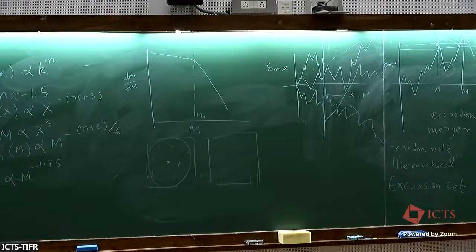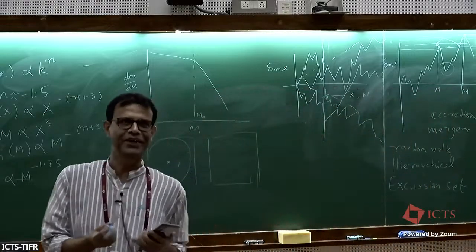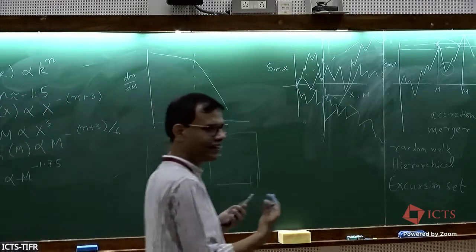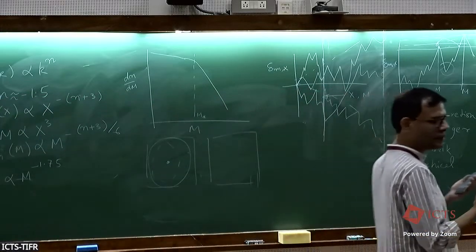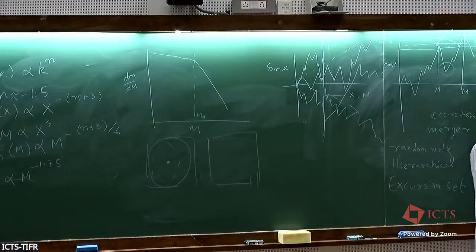Now these kinds of calculations are very important. When I discuss gravitational wave events in the next lecture, I can allude to some of these. Imagine that some star formation has happened, and maybe a binary has formed and it is waiting to actually merge.